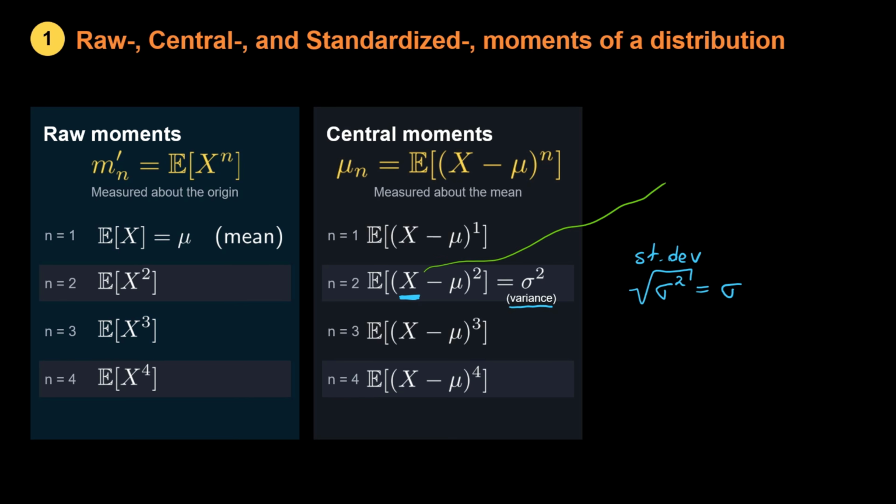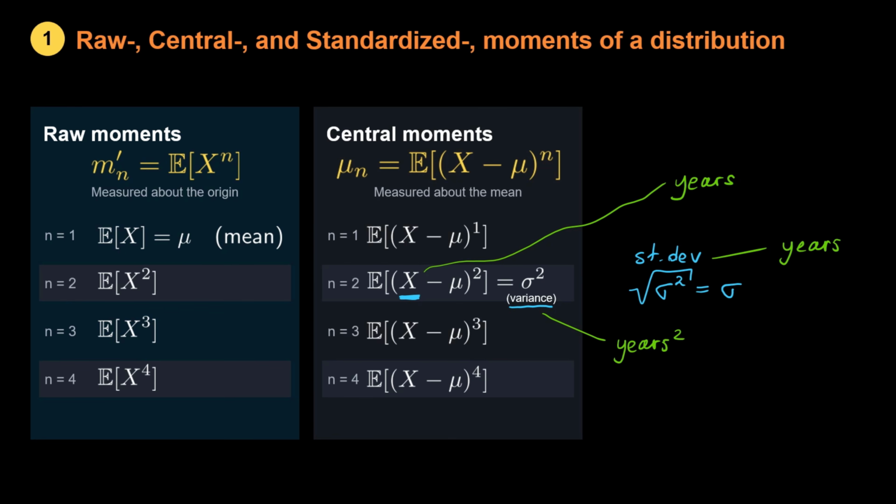So if x was measured in years, then the variance is measured in years squared, which I'm not really sure how to interpret, but the standard deviation is measured in years, just like the random variable x.